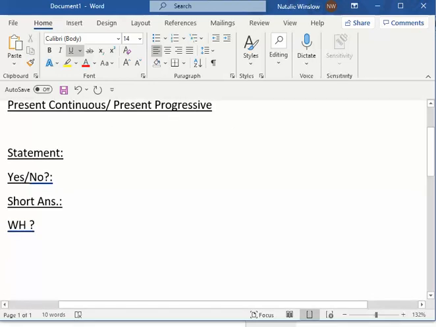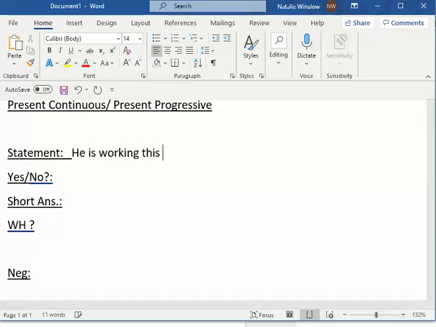Sometimes there might be several that we could do, and then a negative statement. So the first statement that we have will be, he is working this afternoon.